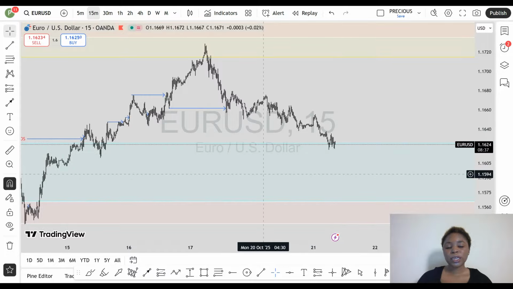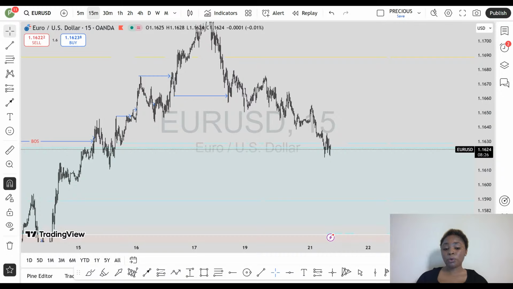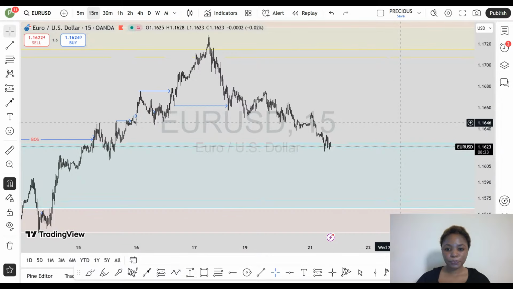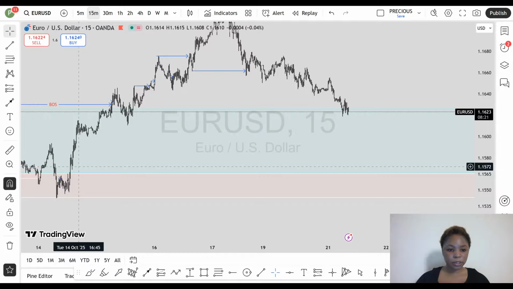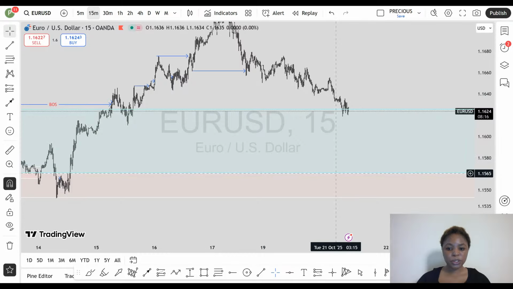So when we get a recent break of structure to the upside, then we can confirm that we have buyers coming into the market. Then we can buy from this zone. You can see this is our demand level here. Price is still coming downward, so we need a change of character from this demand level here before we can buy.